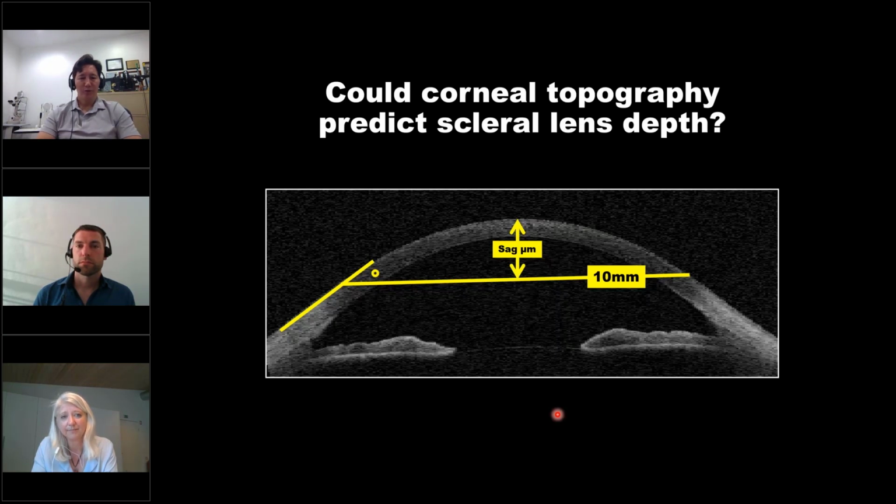Nikki, your thoughts? Do you use corneal topography? Do you use the Medmont for scleral lenses? Yeah, as Meta said, it saves you a lot of time just to determine the first initial trial lens you'll put on the eye.